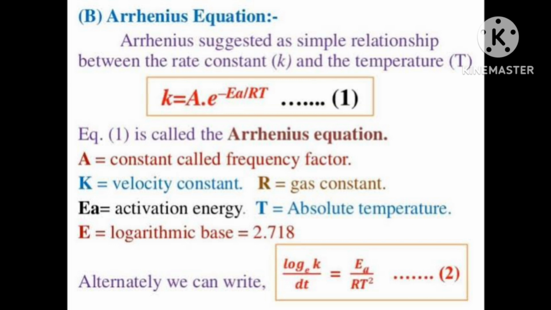Now the maximum gaseous molecules will have more energy, because you are supplying heat, so the graph will broaden. Now the maximum molecules will have high energy, which means the peak will become less than the first peak.